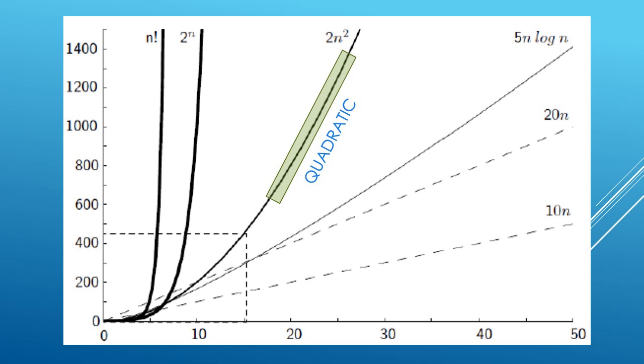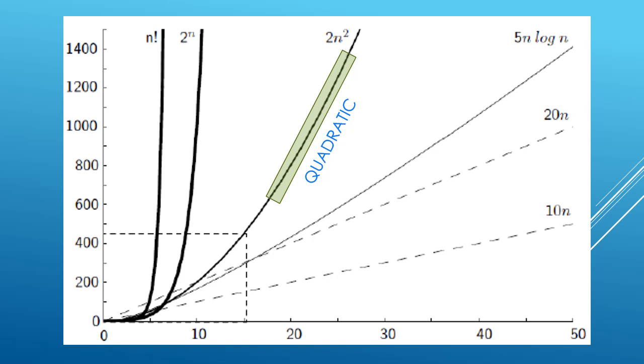For n greater than 5, the algorithm with running time 2n squared is already much slower. This happens even though 10n has a greater constant factor than 2n squared. We can assume that any cubic function would grow even faster than 2n squared.